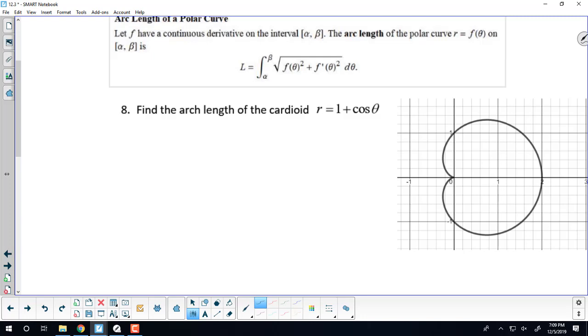So we've got f prime, or sorry, we have f of theta squared. We need f prime.